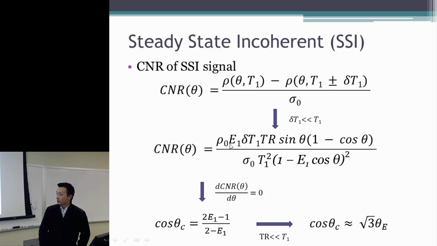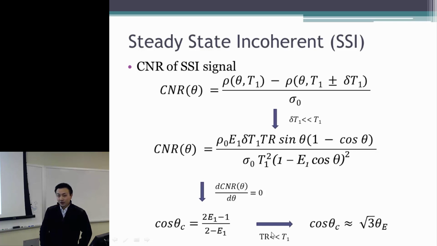It's very complicated, so we want to find the maximum of this. We take a derivative and set it to 0, and we get that the optimal flip angle would be 2E1 minus 1 over 2 minus E1.